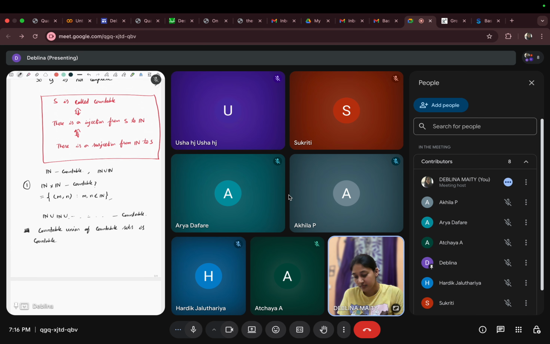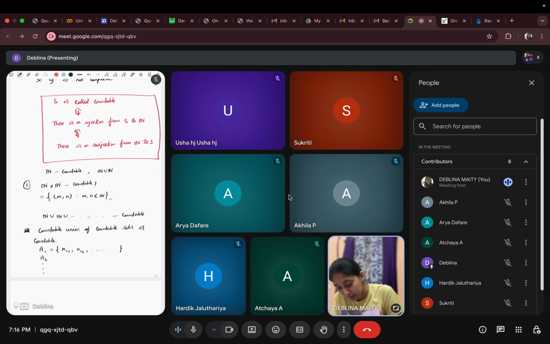So first take some countable sets, suppose A1, A1 is countable, A2 is countable, and like this. And since A1 is countable, we can enumerate the objects like x11, x12, like this.